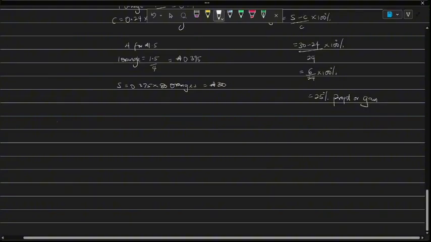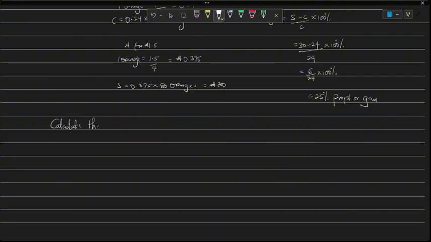We're told to calculate the simple interest on 7.5 for 8 years at 5% per annum. This is quite easy. You could solve this with your eyes closed.